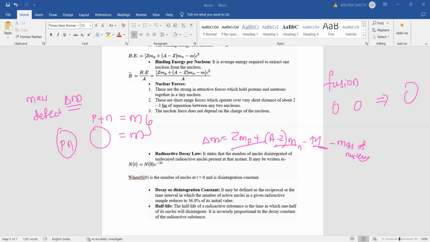Is there any doubt? Nuclear forces, nuclear fission, nuclear fusion and the mass defect.